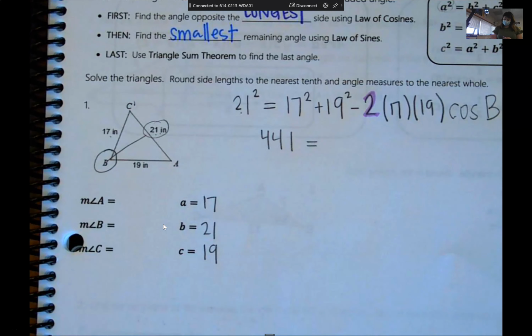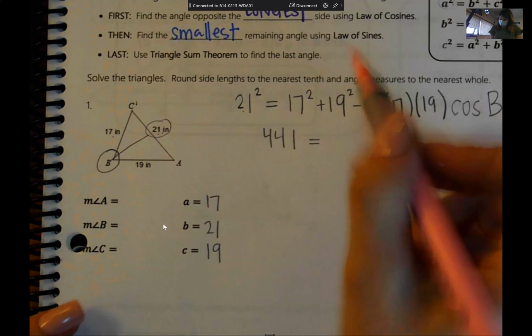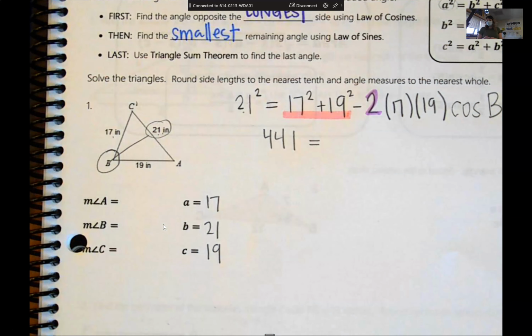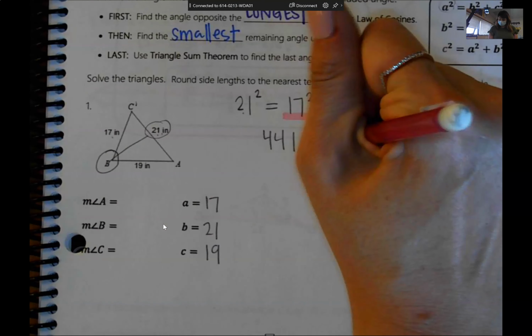So I'll highlight that. The next thing that you want to do is plug those into Desmos as 17 squared plus 19 squared. So that gives us 650.